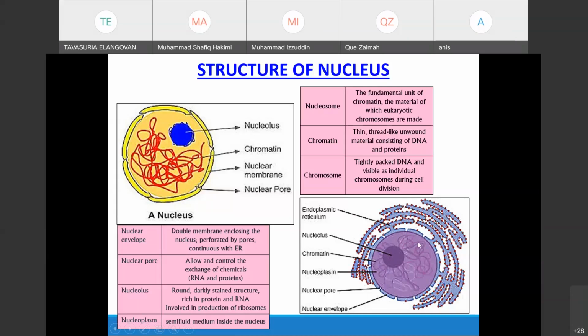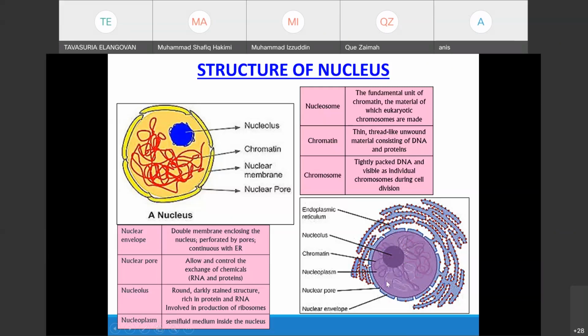Okay, so when you notice the structure of the nucleus, right inside you can see a tree-like structure. What is that? Can you see the cursor pointing toward the tree-like structures inside the nucleus? It is inside the nucleoplasm.